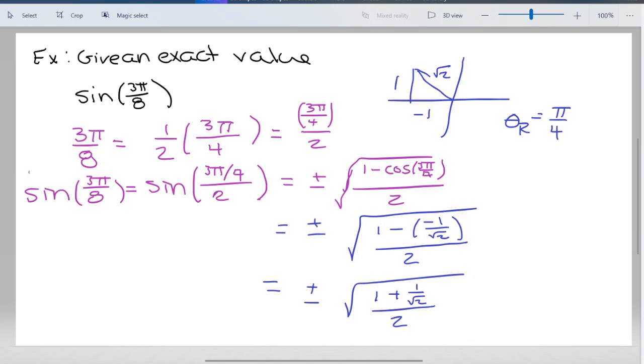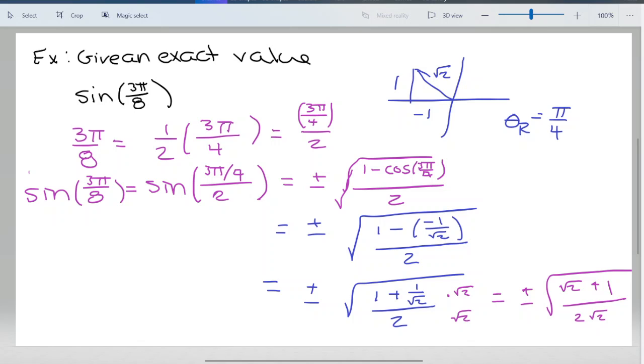We're just going to use the tactic that we used recently in class for clearing away these compound fractions, and multiply the numerator and the denominator by root 2. This gives me root 2 plus 1 over 2 root 2. I'm going to leave it in this form. There is certainly more that you could do to simplify this, but I'm going to leave it here.